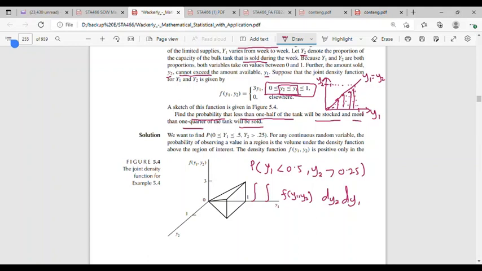Kat sini pun kan dia tak ada restrict, dekat y1 ni we can go until 1 here. But y2 dia ada restriction dekat sini. Because of y2 cannot exceed y1. Okay, so sampai situ.